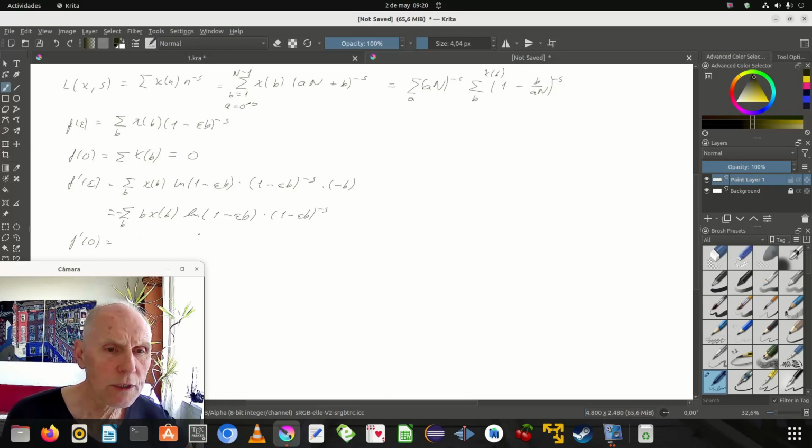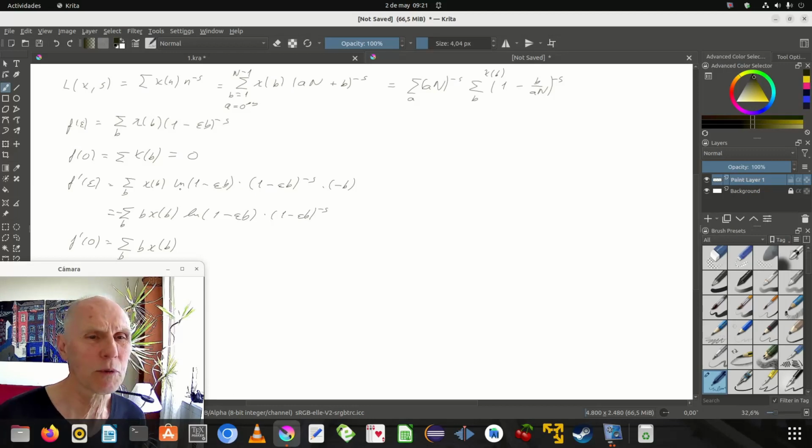So f of naught simply, this vanishes, this gives unity. I thought it would give a more simple expression, because when we differentiate this again, we get 1 divided by this, which then gives s plus 1, so it becomes rather complicated.